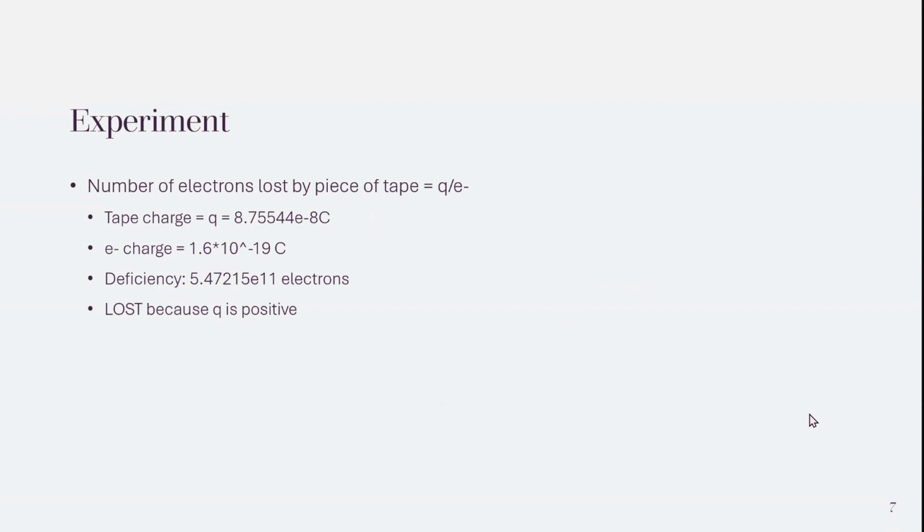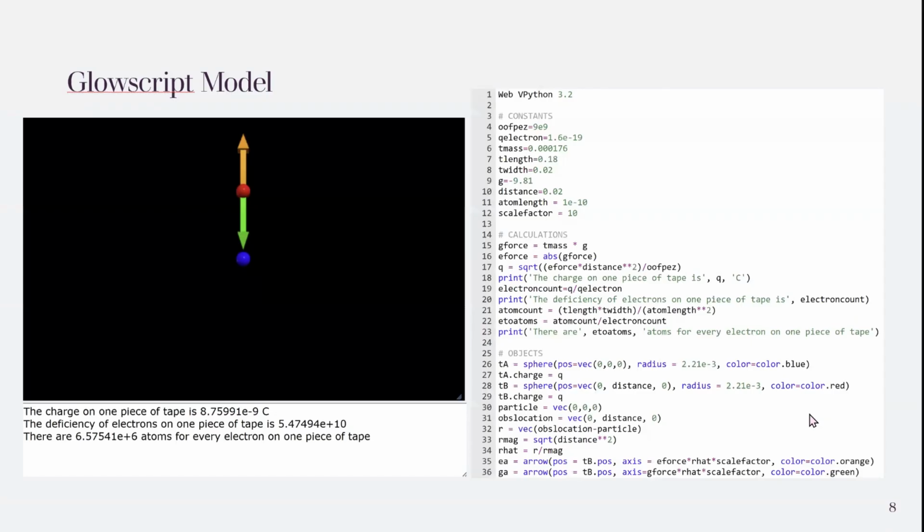And again, electrons were lost because the charge on the tape was overall positive. And then here you can see this modeled in the GlowScript code. This orange arrow is the electric force, and this downward green arrow is the gravitational force. And they cancel out. The tape is not moving. It is suspended in air, and they balance out.